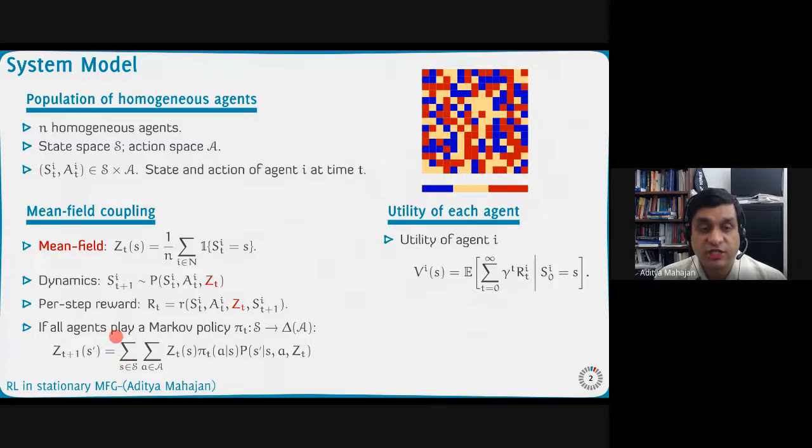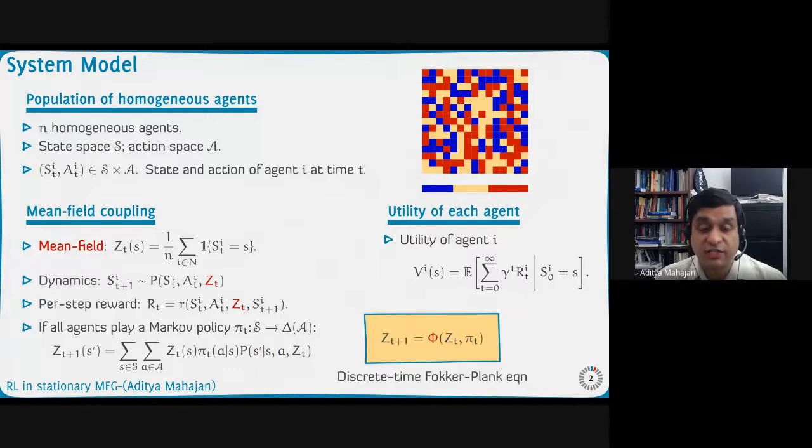A simple observation here is that if all agents play a Markov strategy, where each agent chooses its action as a possibly randomized function of its current state, then we can write down the evolution of the mean field by just following the law of total probability, which is averaged over the current state of the agent, the probability that the agent chooses a particular action, and the probability that the state evolves to the next state.